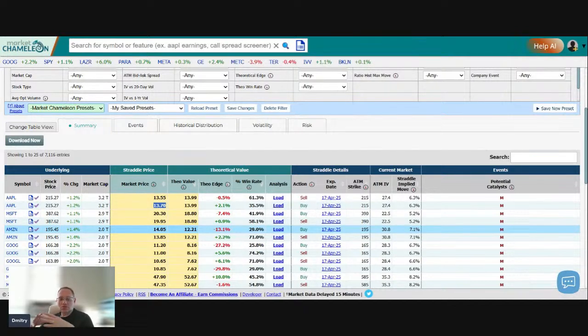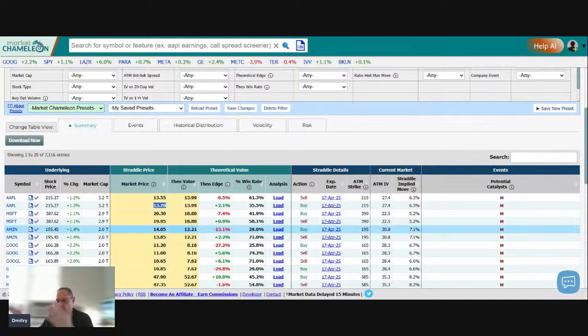Now, to perform an analysis, we need some kind of a benchmark. Well, if we're looking at a price, the price is representing the premium you're paying for the call and the put, or that you're receiving for selling the call and the put. So now you have this premium.